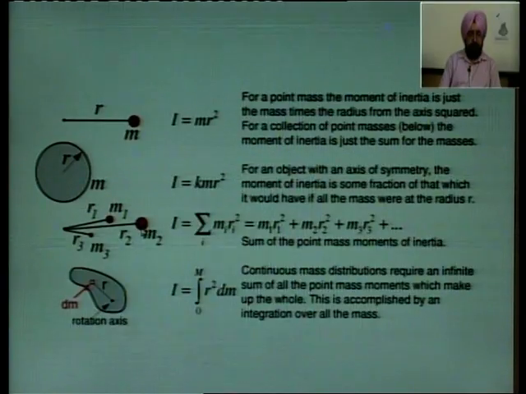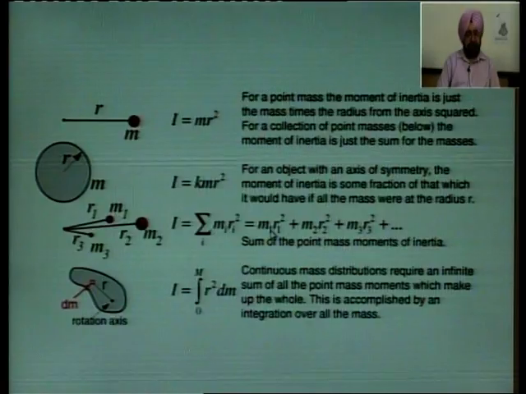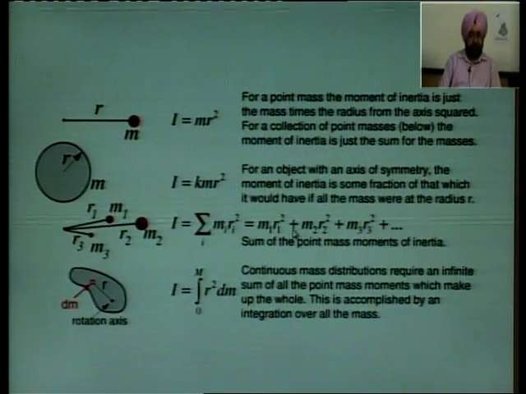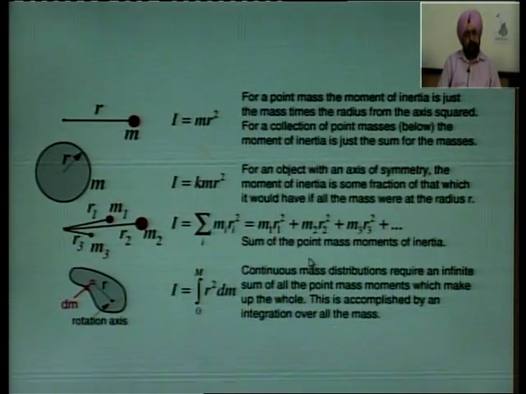If you have a number of masses as shown here, m1 at a distance r1, m2 at a distance r2, m3 at a distance r3, you simply multiply the squares of these distances with their masses and then you sum up. We also call it the sum of the point mass moments of inertia.